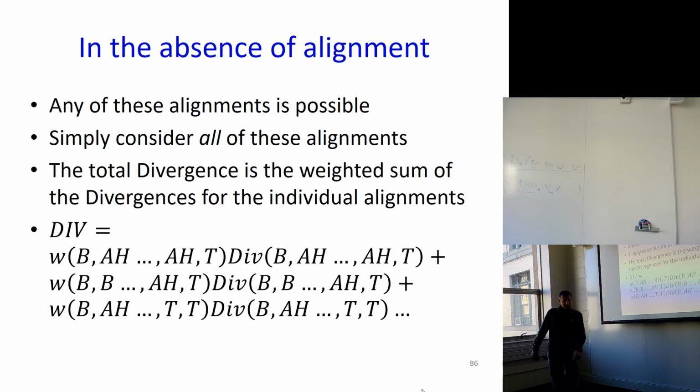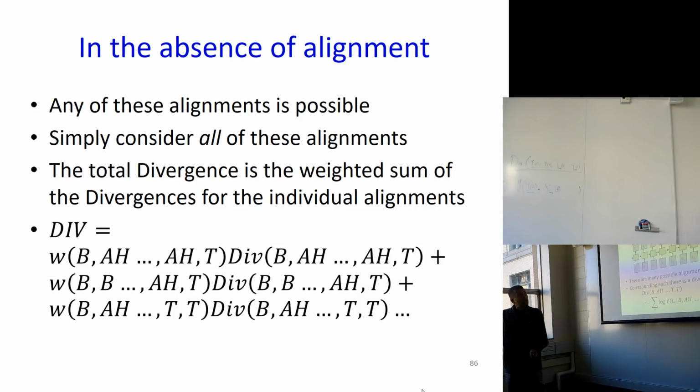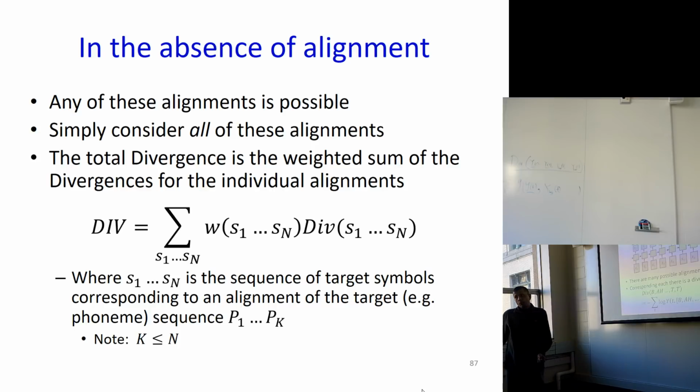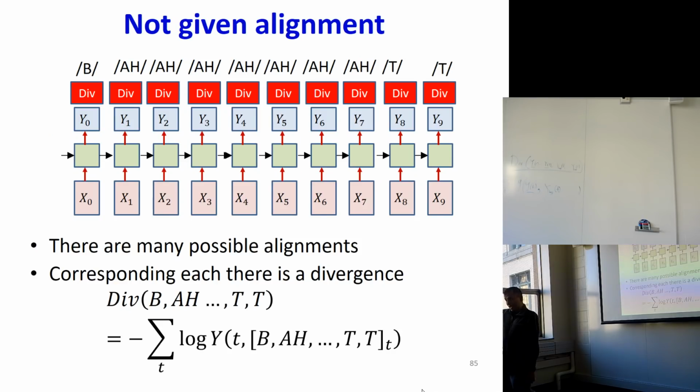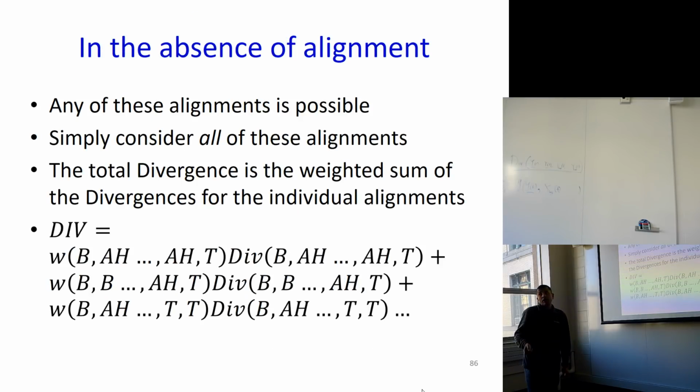Given this, what can I possibly do? I'm given the high-level sequence of symbols, but I've not given you the low-level information about where the boundaries actually lay and how I must align this high-level sequence of symbols to the outputs to compute the divergence, right? So in this case, the obvious thing for me to do is to say, okay, let me consider all of them. I have no idea which one it is. I'm just going to consider the entire lot.